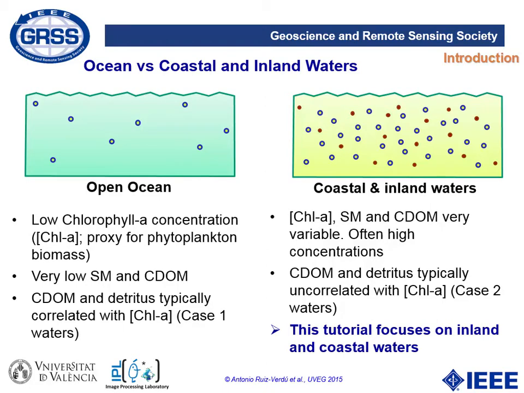But not only the concentration of the optical active constituents can be very variable. We have also high concentration of CDOM, for example, typical in boreal or tropical lakes, in which there is a lot of organic matter which is being degraded, or a very high concentration of suspended minerals in riverine estuaries, or in some lakes, and in wind subject shallow lakes, for example.